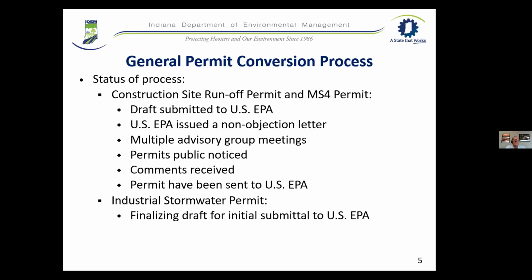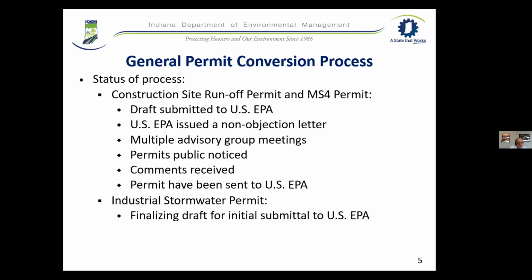So just to give you a little background on where we're at as far as the permits: the construction site stormwater permit and the MS4 permit. The drafts have been submitted to EPA. We've gone through all the advisory group meetings. We public noticed both permits and received comments back.